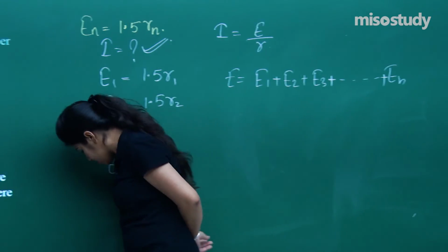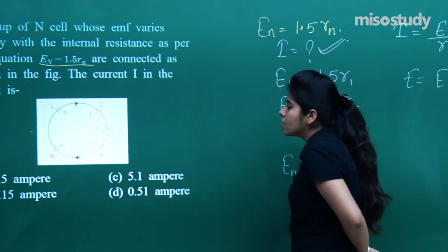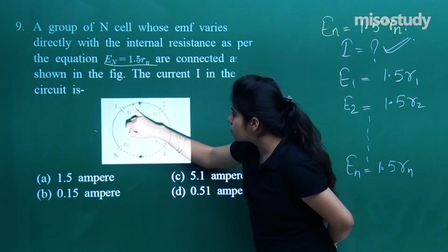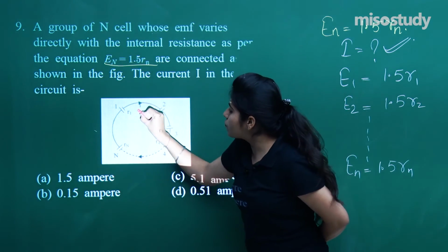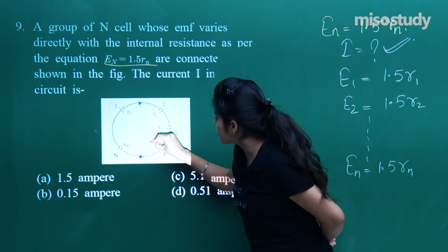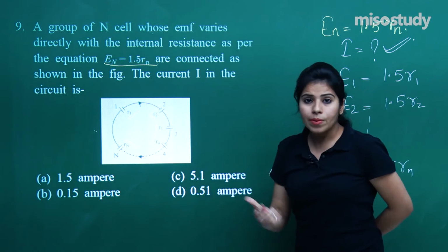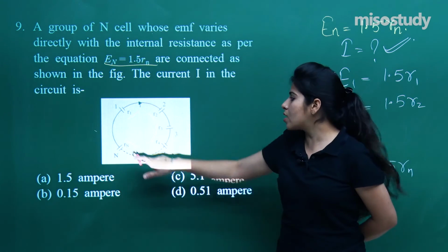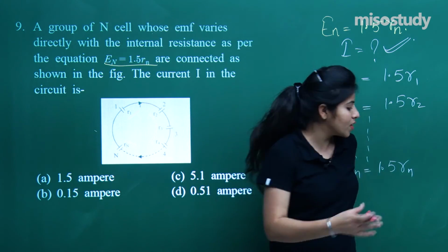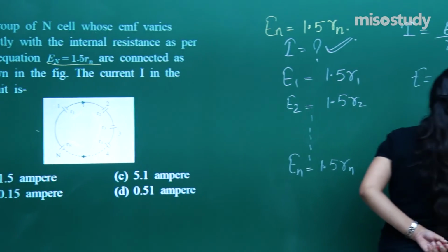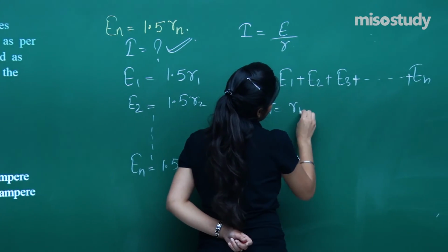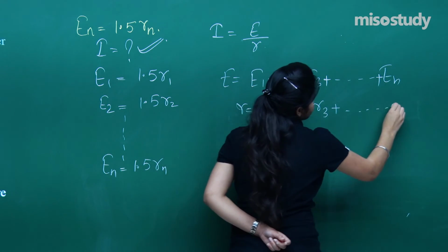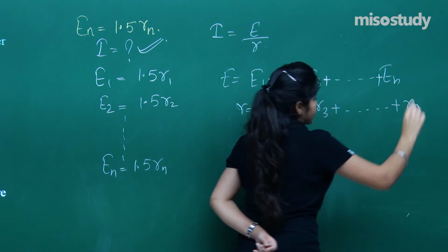Because the EMFs are connected, these are batteries, and with that we can see R1, R2, R3, R4 and Rn. A number of resistors are connected. So what will be the total resistance? Because they are all connected in series, the total resistance will be R1 plus R2 plus R3 plus up to Rn.